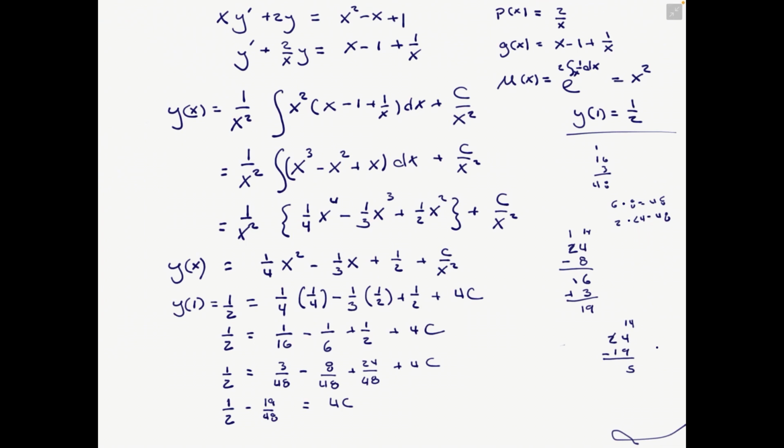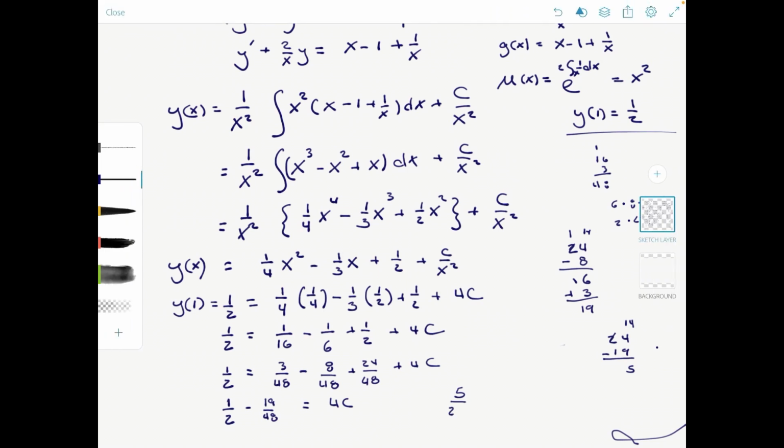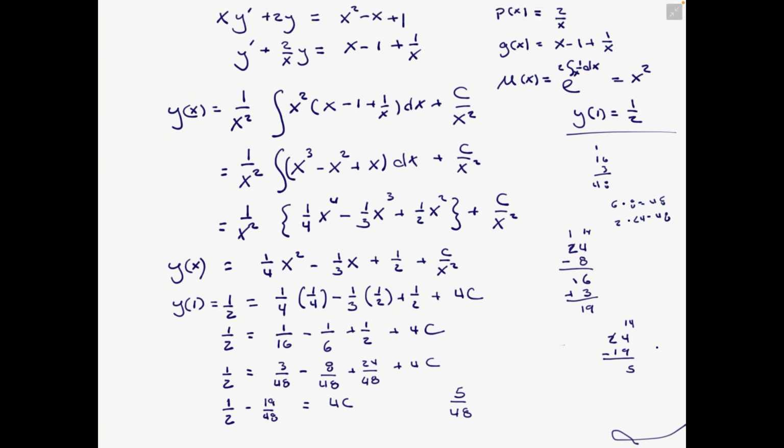So we have 5/48, oops. 48 times divided by 4 equals c. Oh, God.